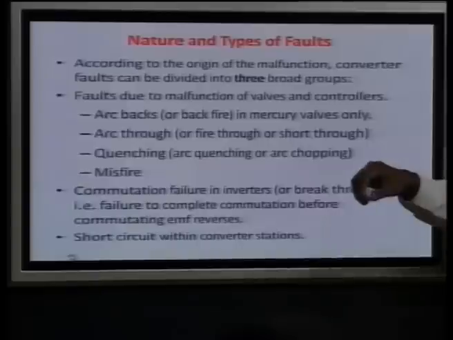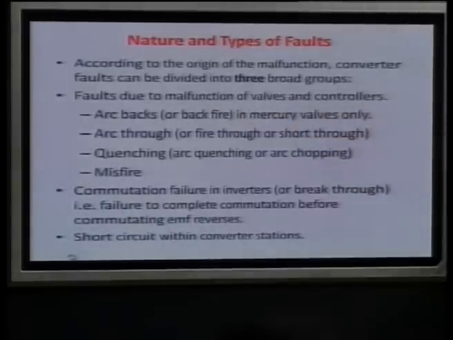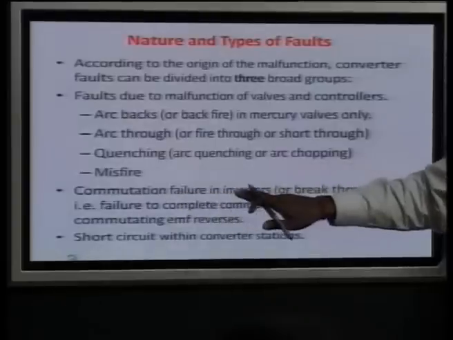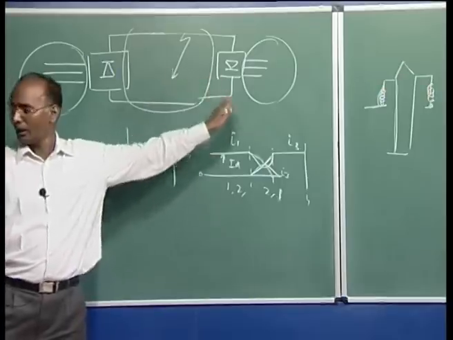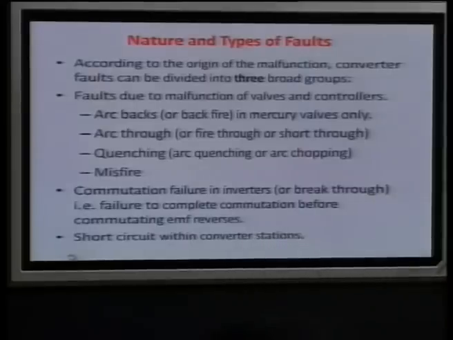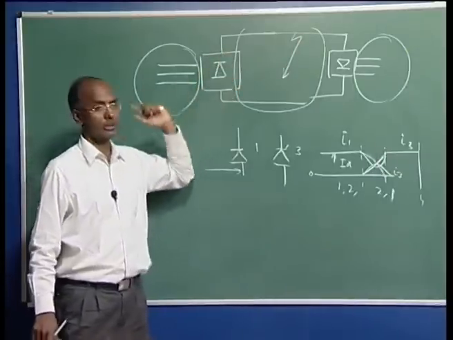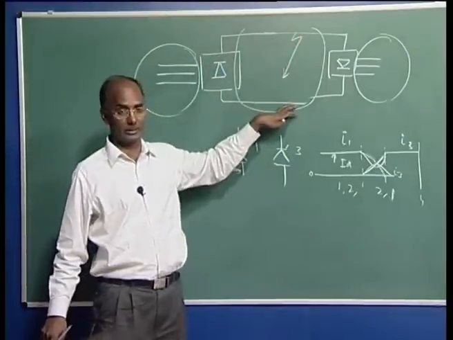One is the fault due to the malfunction of valve and controller. Then we have the commutation failure, which is completely for the inverter end, and then we have the short circuit within the converter station itself, because there is a possibility that there is a positive polarity and there is a short circuit. So, inside the station, we are not talking about the DC line short circuit.